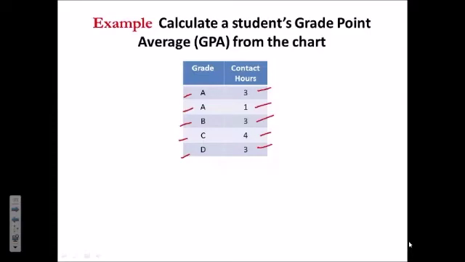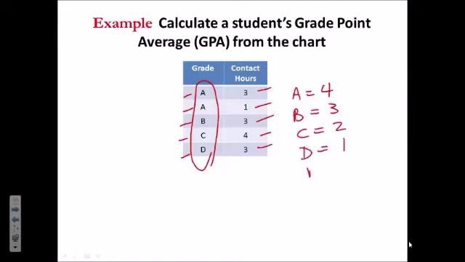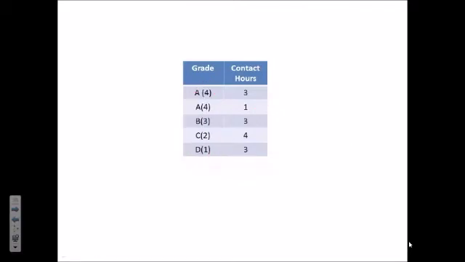The first thing we have to do is to change these letter grades to numeric grades. Generally speaking, an A is considered a 4, B is 3, C is 2, a D is 1, F would be 0. So here's our new chart.